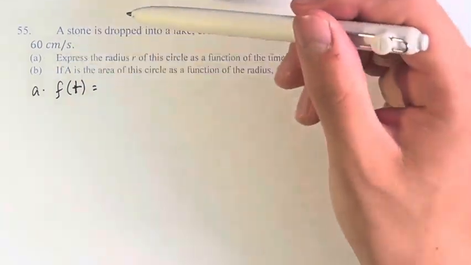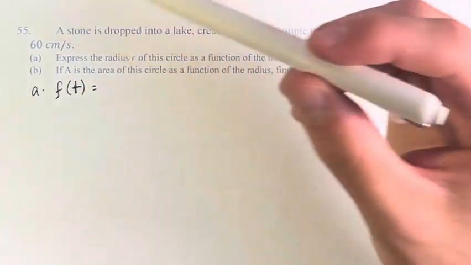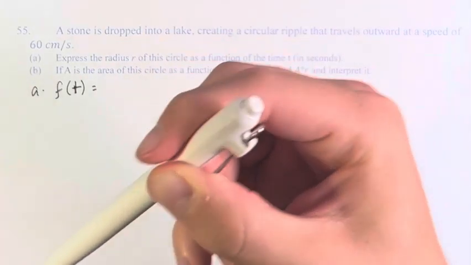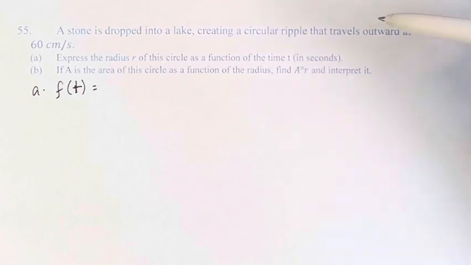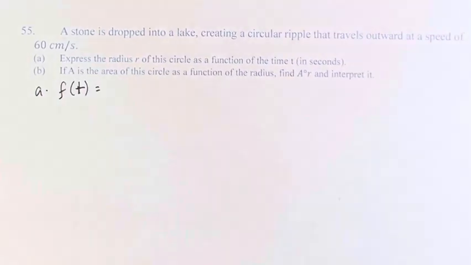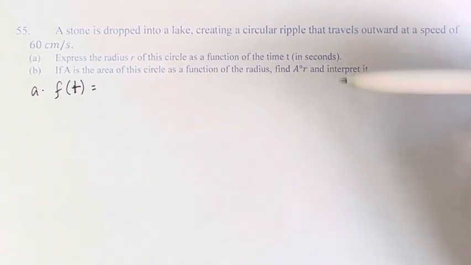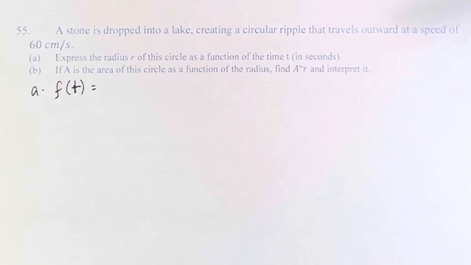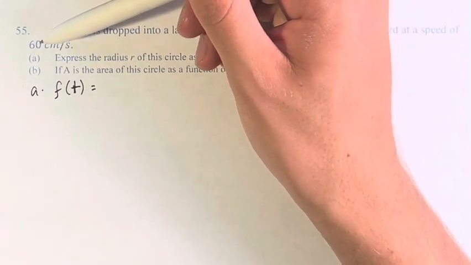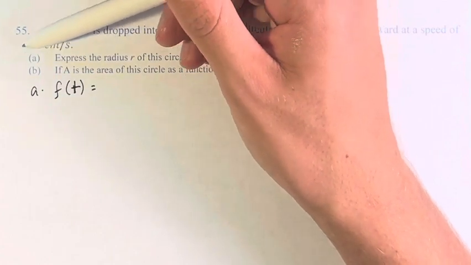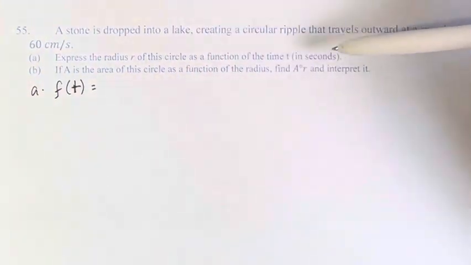That means that the radius is a constantly increasing at a constant rate function. So that means that it's a linear function. And we have our rate of change right here, 60 centimeters per second. Every second, the radius increases 60 centimeters as this circular ripple travels outwards.